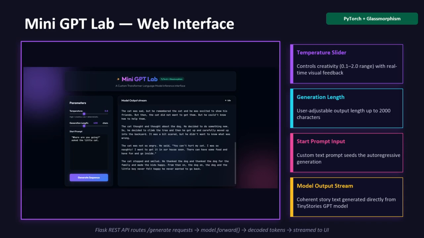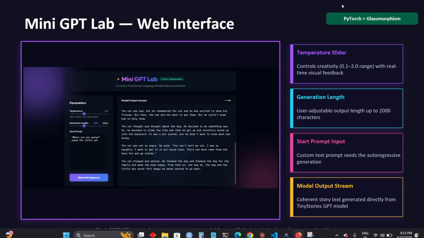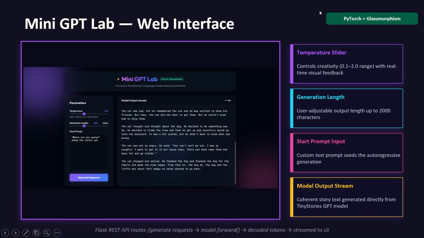And here the backend uses Flask, that is the input is sent to the model and the model generates the output, and the output is displayed in real time. And this makes the project practical and more user friendly. So this is the interface I developed.